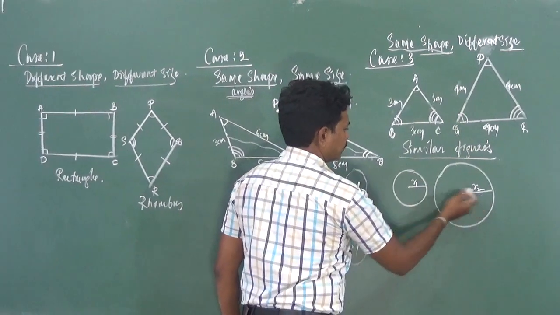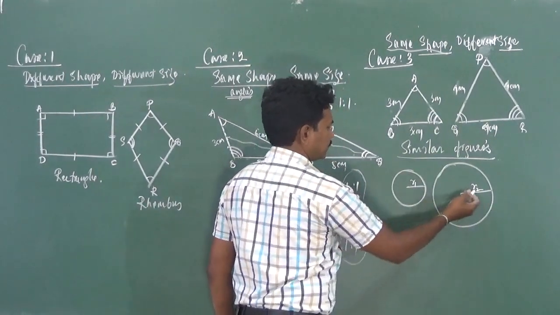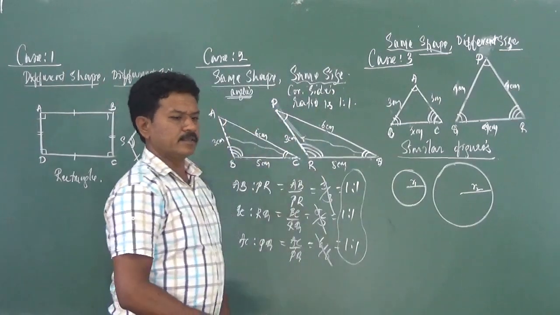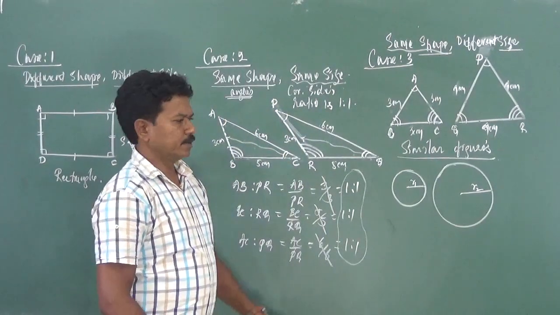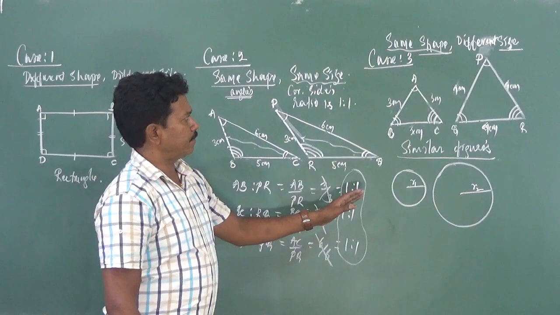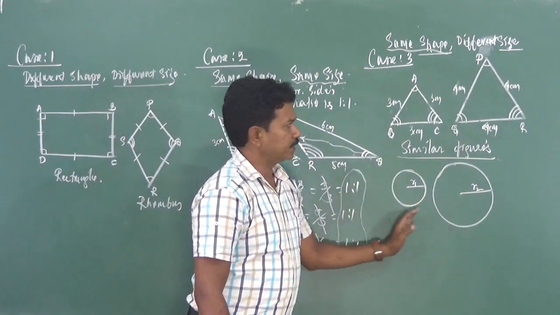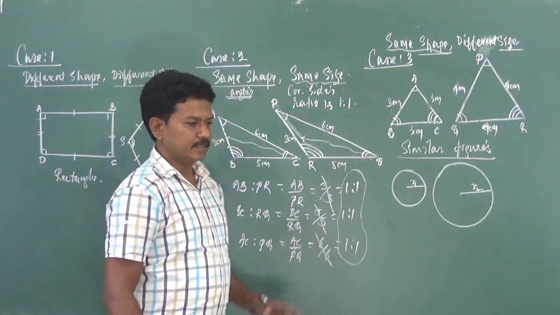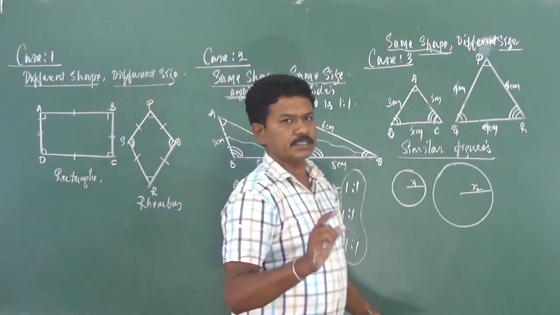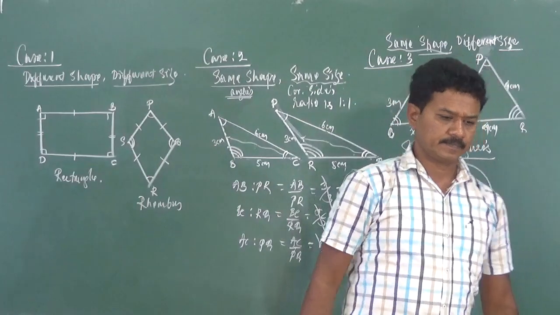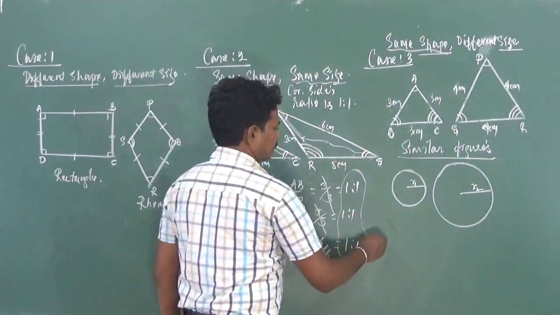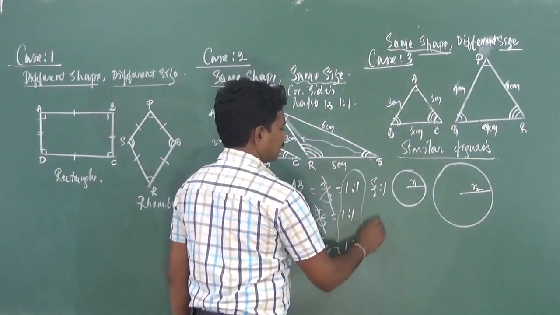When you take the ratio between the radii, they are different. They have the same shape but different sizes. Therefore, two circles are always similar. Right? Next, another example.